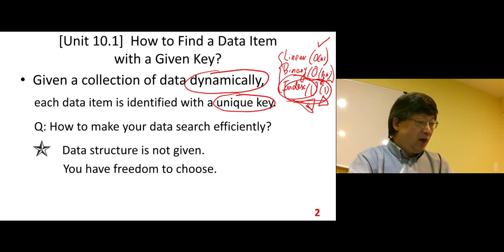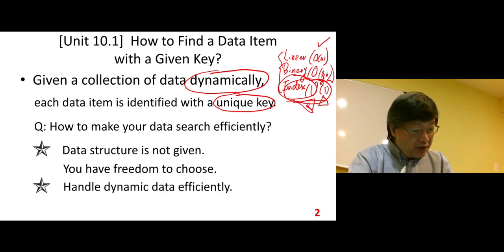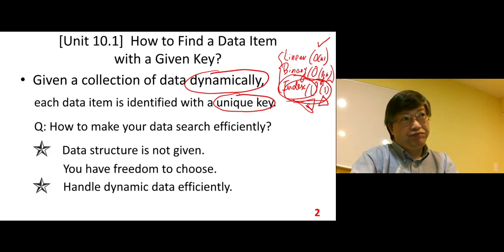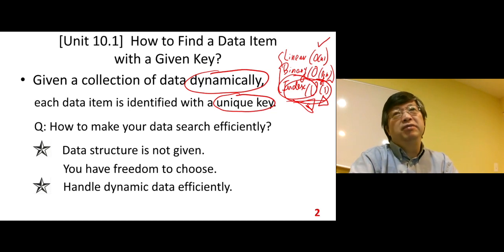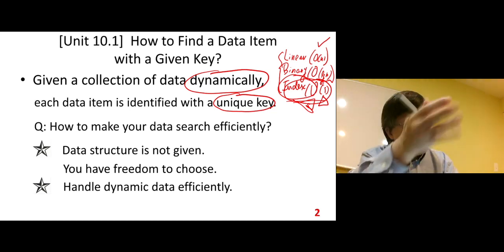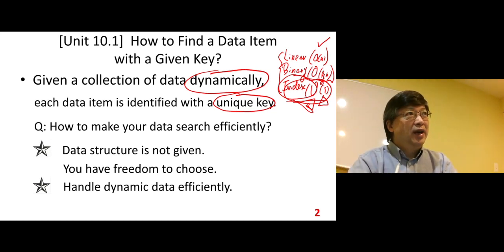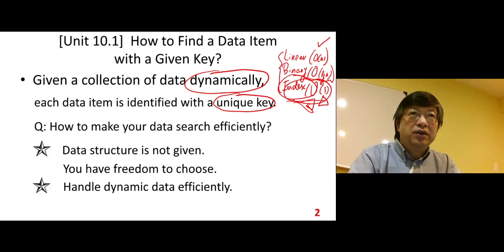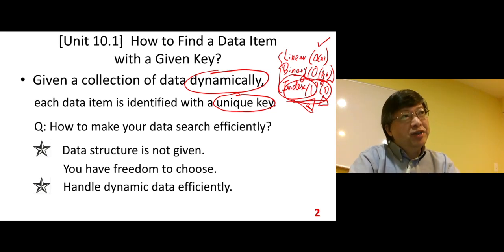And this data structure should also be able to handle dynamic data efficiently. When the data comes in, you can easily place it in your data structure efficiently. And next time when you do the search, it is also efficient.